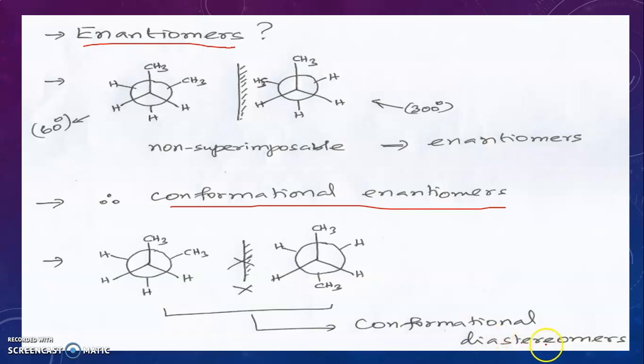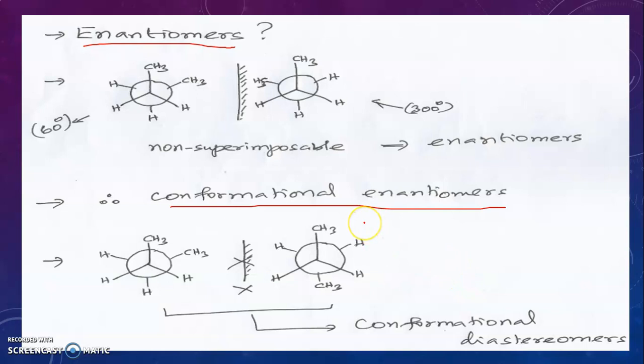Diastereomers do not have a mirror image relationship. So diastereomers are stereoisomers that do not have an object and mirror image relationship at all. But here, this diastereomer can be converted into this. Therefore, these two are called conformational diastereomers.